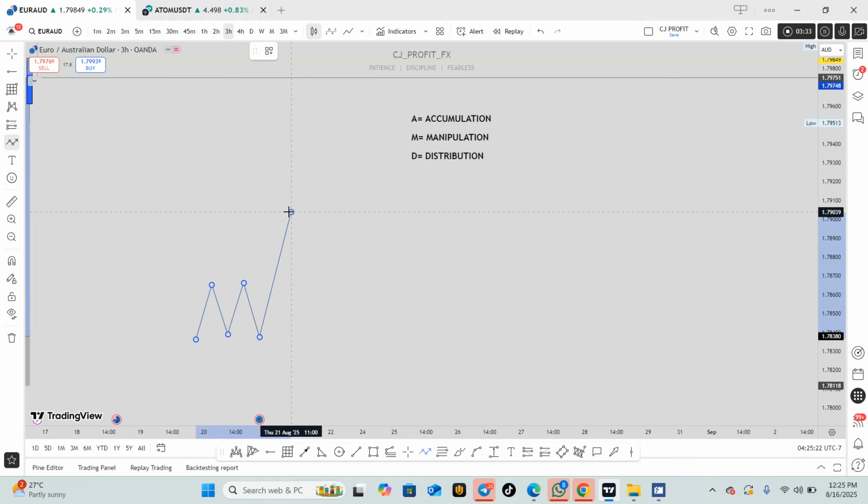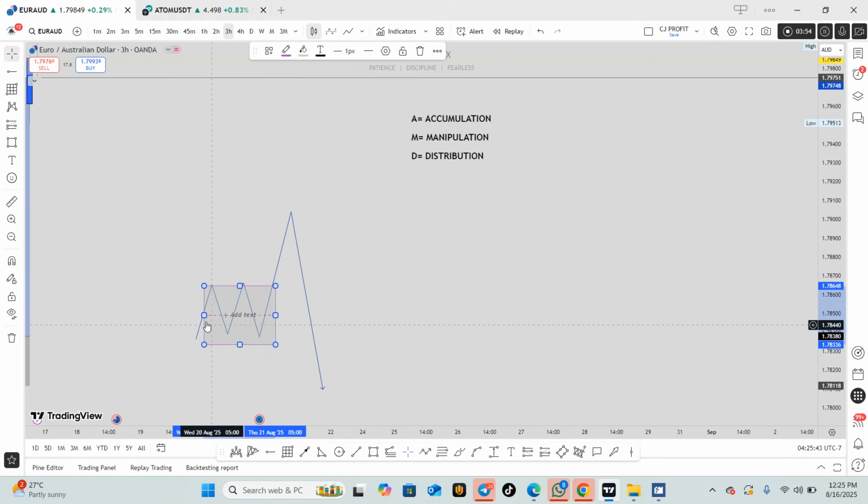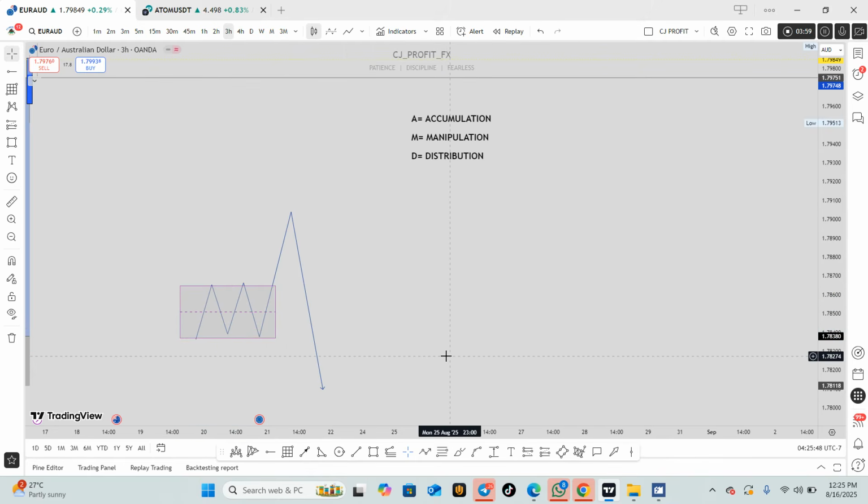Now the market can sell from here. If you have this picture on your chart, that means the AMD strategy has given you a chance to trade. This is the AMD strategy. The first phase, which is the accumulation phase, has played out, where the market accumulated. And when the market was accumulating, we noticed we have a breakout from this area to the upside.